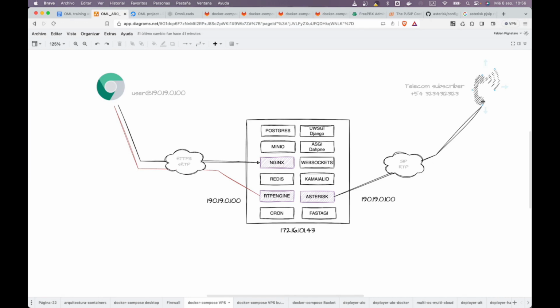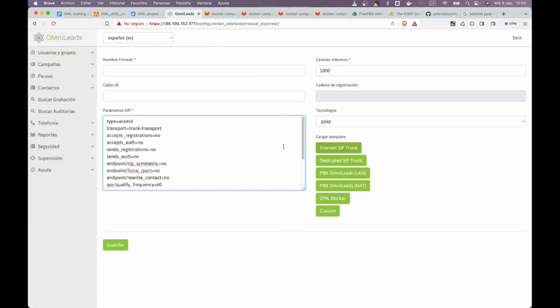Therefore it does not require me to authenticate it either. So for example, in this template, we're going to see that we don't accept registration or authentication. We also don't send registration or authentication. And just here we put the IP and the trunk end port.